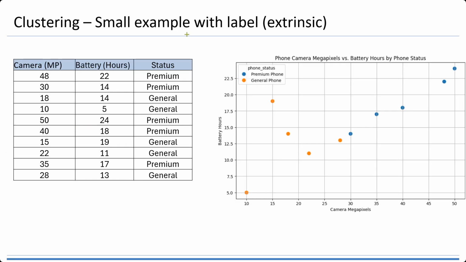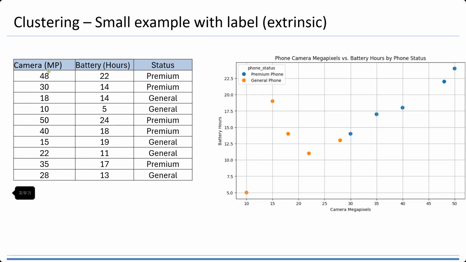Now I change the data a little bit. Suppose we have a label. Okay, this is an example. I have the data about the camera, how many megapixels, and the data about the battery, how many hours the smartphone lasts.